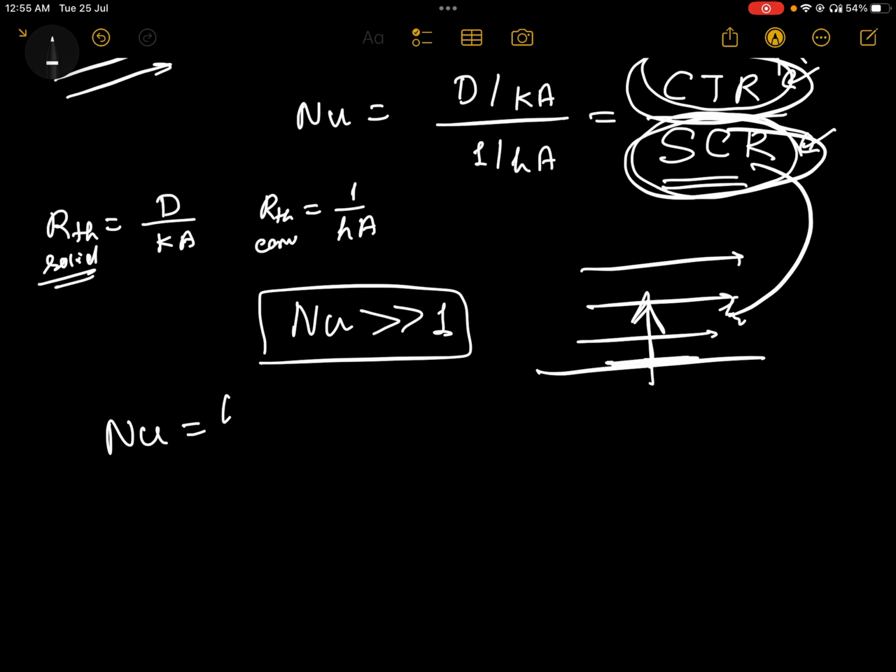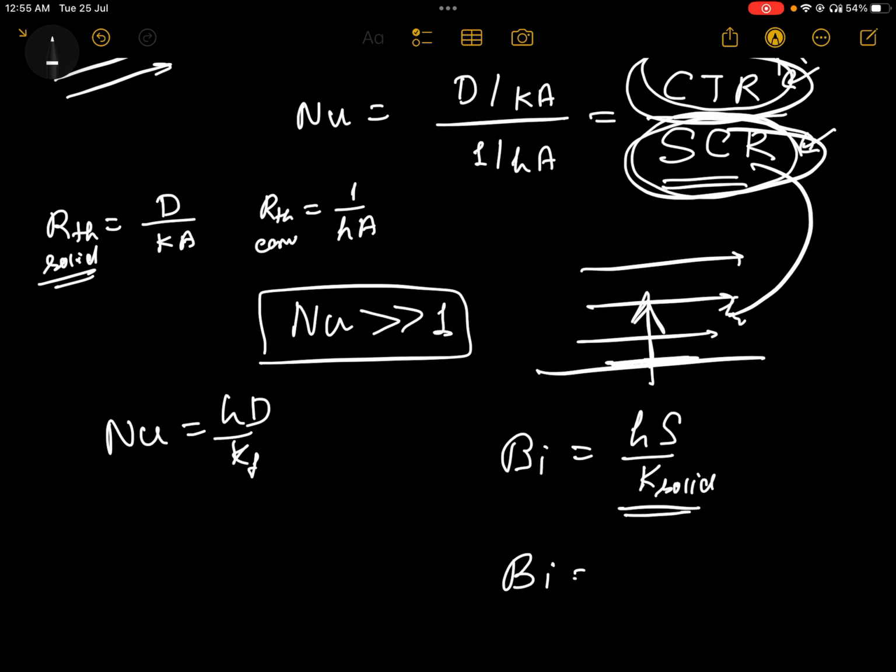One more thing we have to keep in mind is that Nusselt number actually resembles the Biot number. Nusselt number is equal to h L upon k fluid. Biot number is also written as h Ls upon k solid. It sometimes resembles. And Biot number is defined as internal conduction resistance divided by external convection resistance.